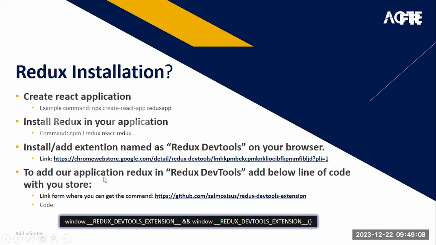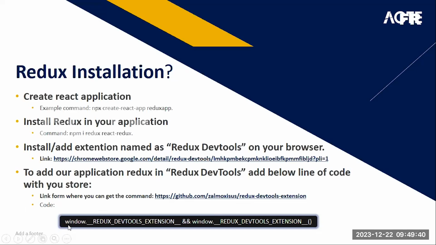Once you have installed it, you need to connect your application to perform the activity inside your Redux DevTools. This is the command below. This command is also available on GitHub. If you search for that command on Google, you can get it in the first search result.